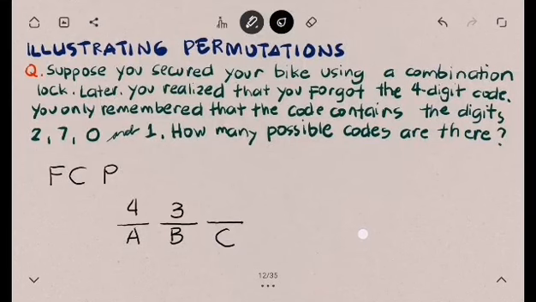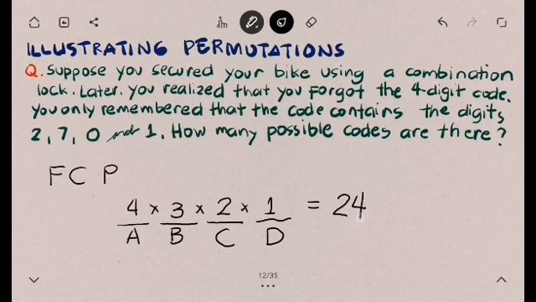Activity C mo, kung nakapili ka na ng isa dito, ibig sabihin, dalawa na lang ang matitira. And then, yung pang-apat na code, wala ka ng choice, may matitira na lang na isa. Then, kapag pinag-multiply natin to, we have 4 times 3, 12 times 2, we have 24 times 1. So there are 24 possible codes.